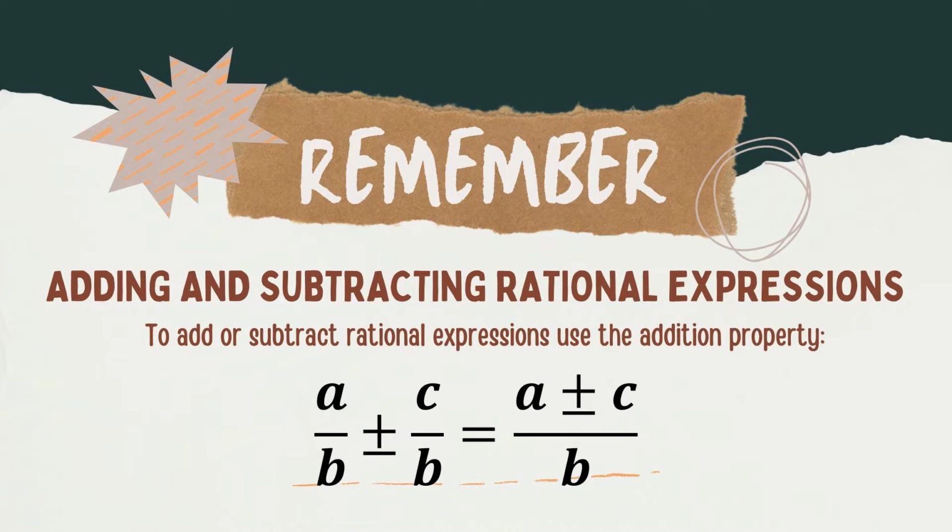A over B plus or minus C over B is equal to A plus or minus C over B. That is what we call the addition property, wherein we add or subtract the numerators, then copy the denominator, since the denominators have the same value.